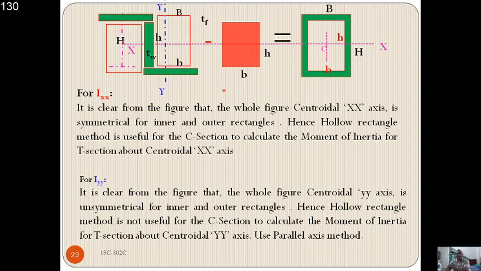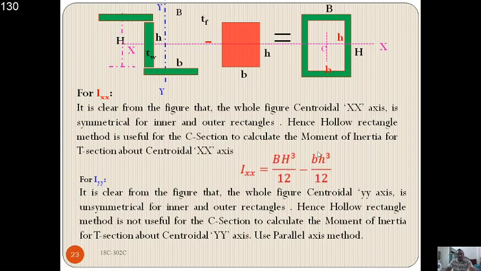We try to get them symmetrical about both the areas. One is up and another one is down. Hence they balance each other. They will form a hollow rectangle method, and hence that can be used to calculate the moment of inertia.